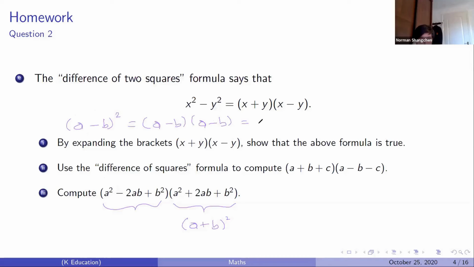A minus a squared minus 2ab. Well, so you do a squared times ab. Minus ab again. Yeah.